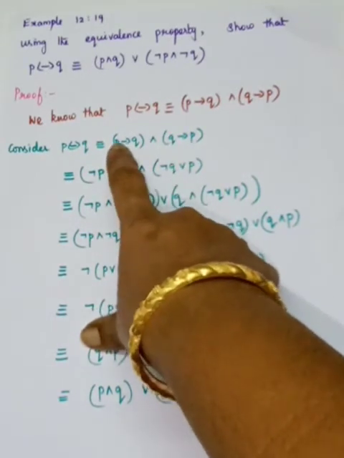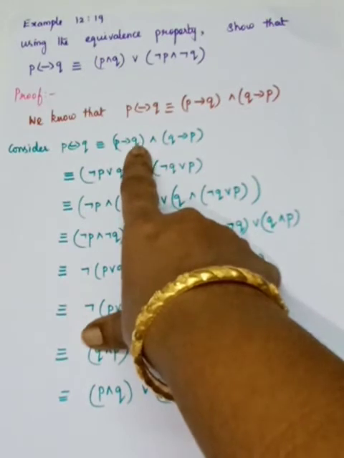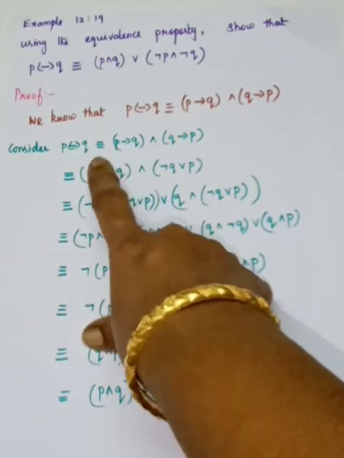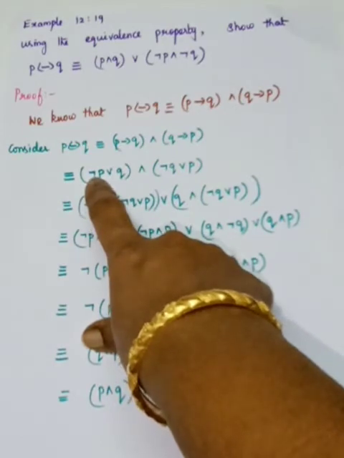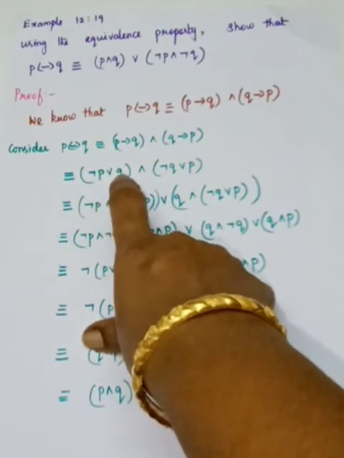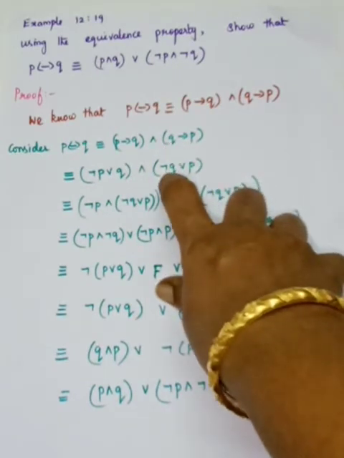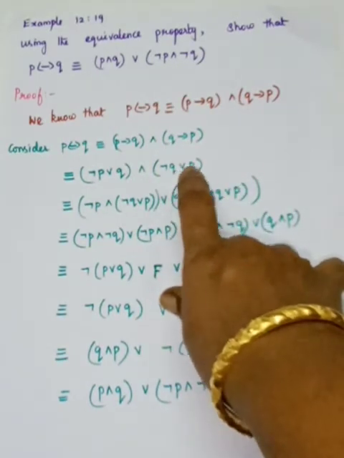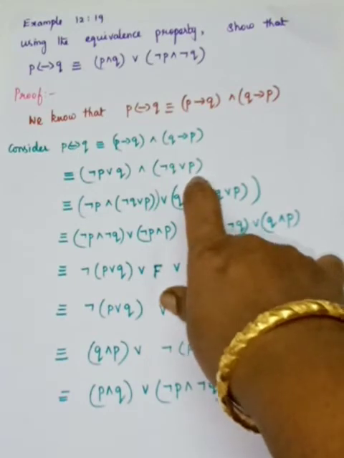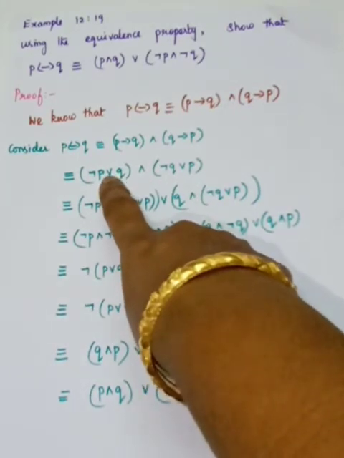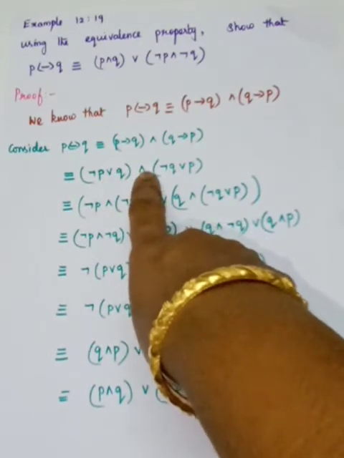Okay, so P implies Q. So the previous problem we have seen that. So first statement you have to write negation. So negation P or the second statement. Here also the same thing. First statement negation or the second statement. Okay. So here you see the symbol here. Here it is R, here it is AND.